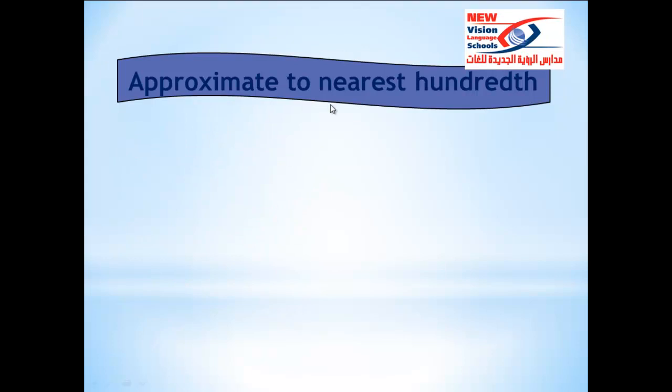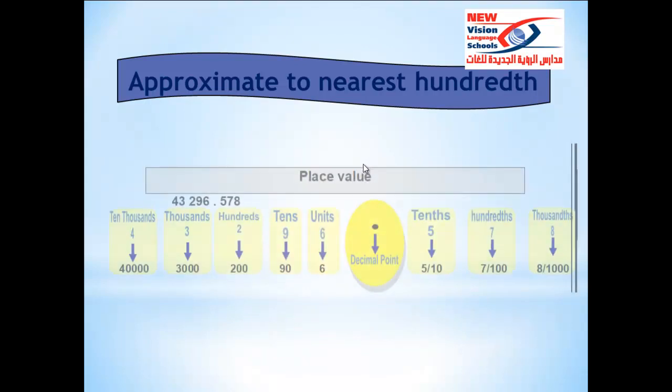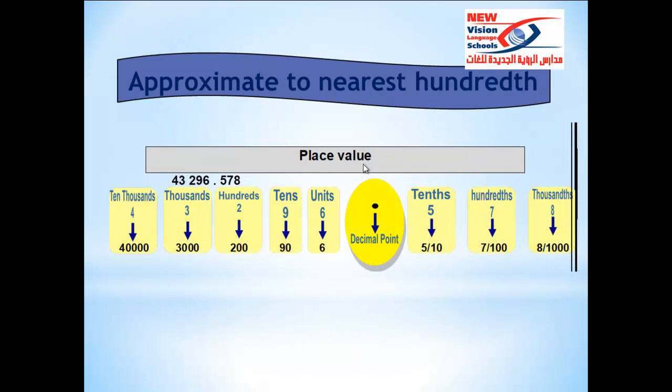Approximate to nearest hundredths. He wants to approximate the decimal number to 2 digits after the decimal point. If we have this number here, he wants to approximate to the second digit after the decimal point.